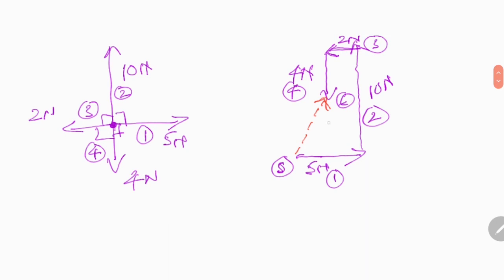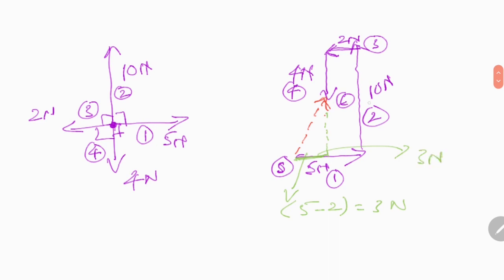If I extend this downwards, this part will be 5 minus 2, that will be equal to 3 newtons. So this part is 3 newtons. And what is this part?